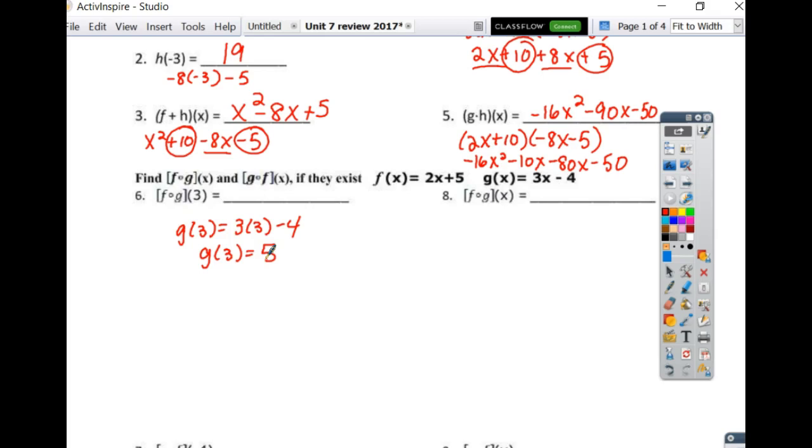And then what do I do with the 5? You have to go to f next. So I'm going to put it in my f. So I get 15. Okay, so you all work the next one.